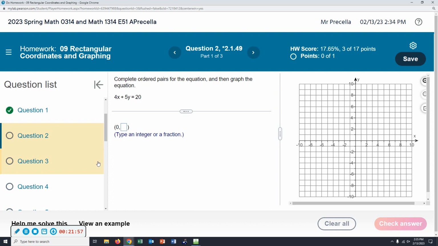Okay, problem 2. 4x plus 5y equals 20. And we're given the ordered pair 0, blank. So it says y value here that we got to fill in.